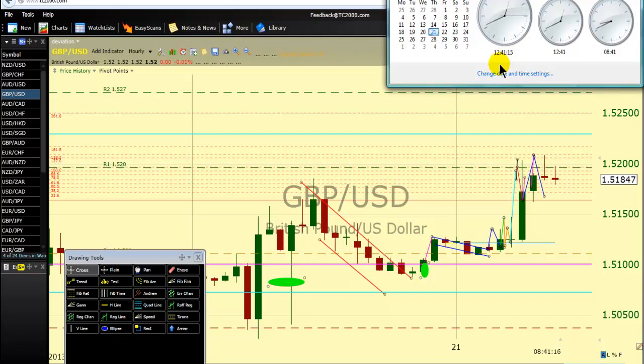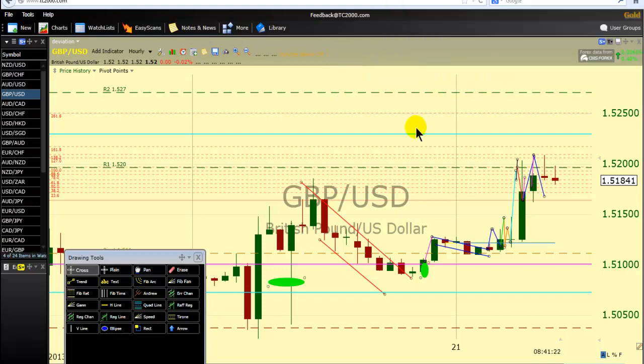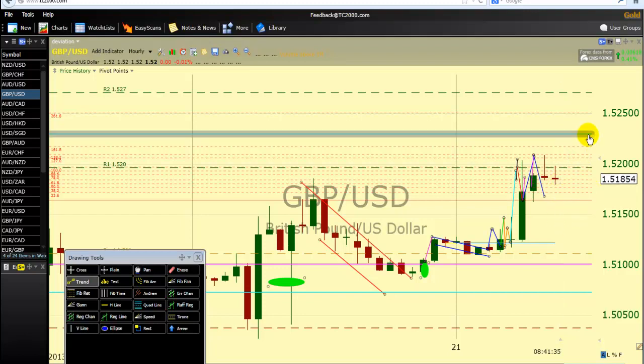Apologies to traders, that was not my intention. So 12:41 now in London. That's correct. So there's a high chance today that this pound dollar currency pair, after completing the flat correction, has a high chance to go all the way to retest this line here.